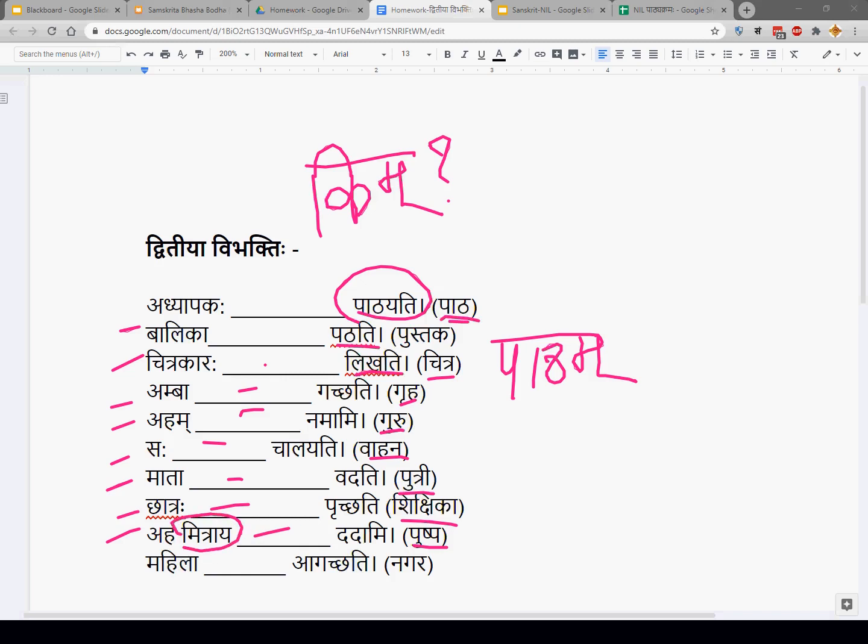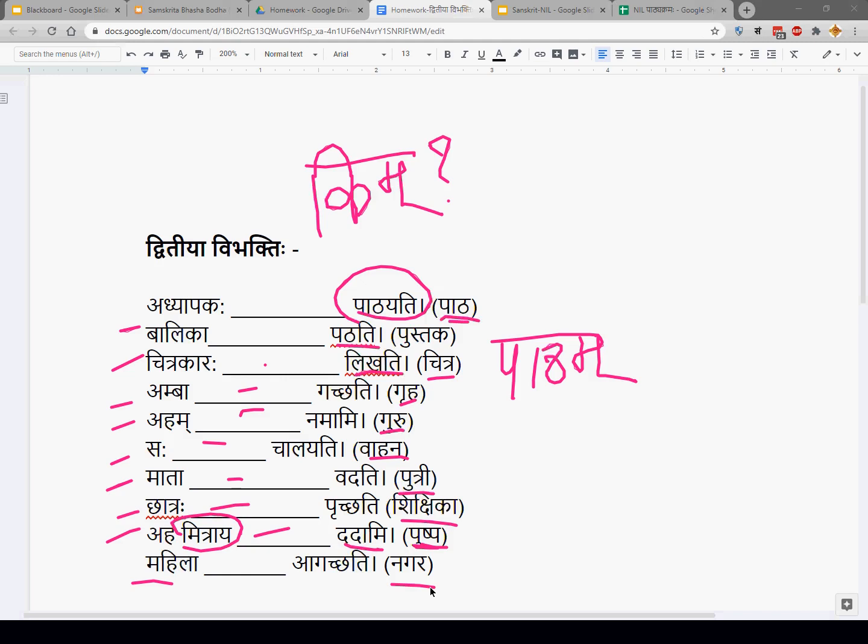Now here an additional word is there, called Mitraya. This is not necessary, but it is added here just to indicate to whom this is being given. Pushpa is being given. Pushpa means flower. Right? And Mahila Nagaram Agachati.